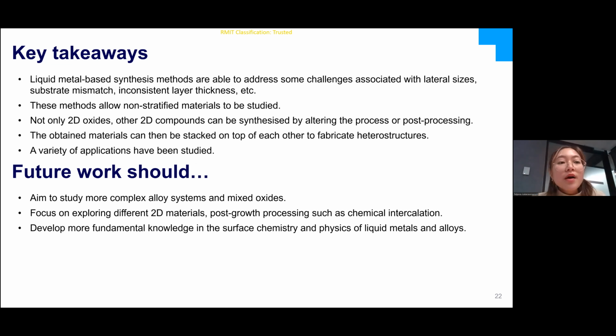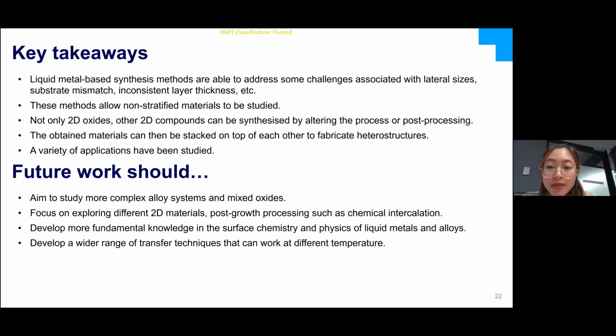And also, researchers might look at and develop more fundamental knowledge in the surface chemistry and physics that's happening at the surface of liquid metals and alloys. And also, a wider range of transfer techniques should be looked at so that we can work at different temperatures, because right now we are using PPC, which has a very low melting point.